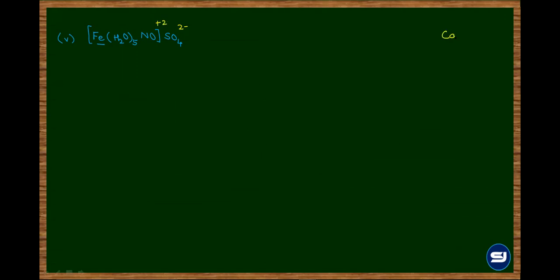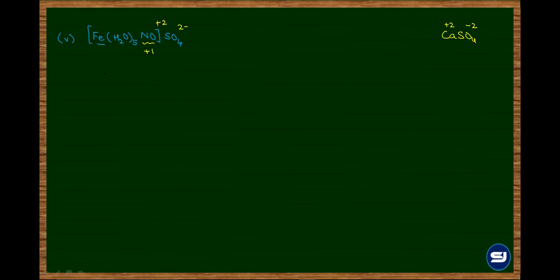See, if you have calcium sulfate, and this is -2, this has to be +2. Now, what is the charge on water? 0, it's a neutral molecule. And NO here has a charge of +1. NO is a positively charged species with +1.